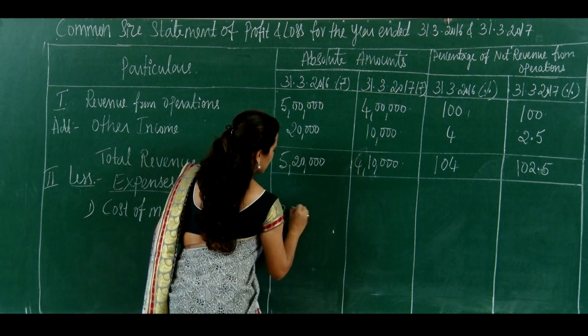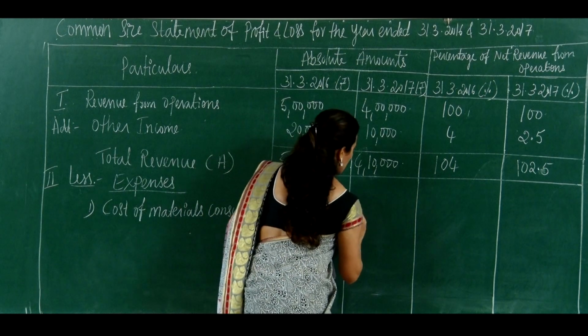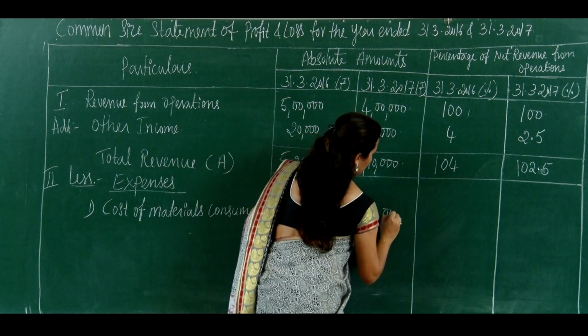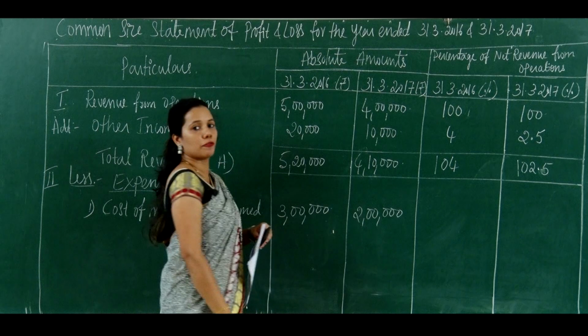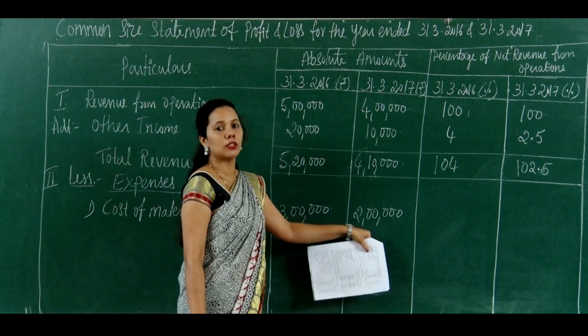First 3 lakhs and 2 lakhs. Cost of material consumed in 2016 is 3 lakhs, 2017 is 2 lakhs.